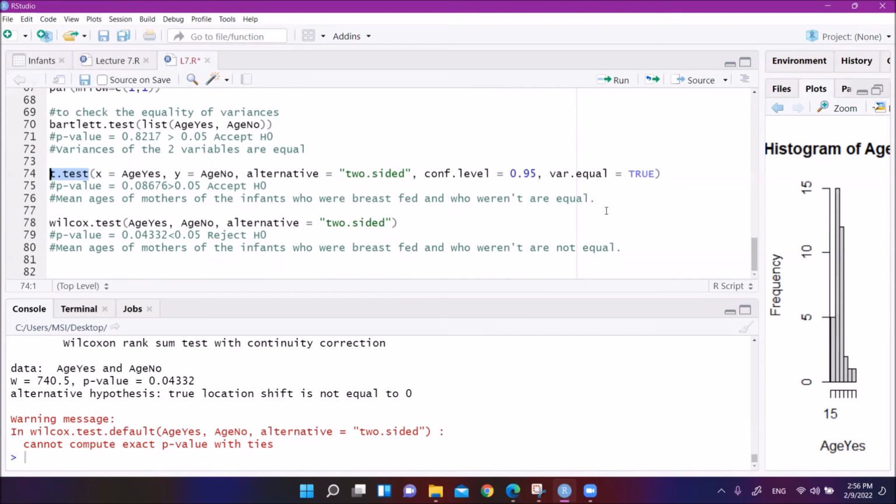Because this test is not valid in this case. But a person who does a non-parametric test would say the mean ages are different, right? So selecting the test is very important. Selecting the correct test in the correct place is very important.